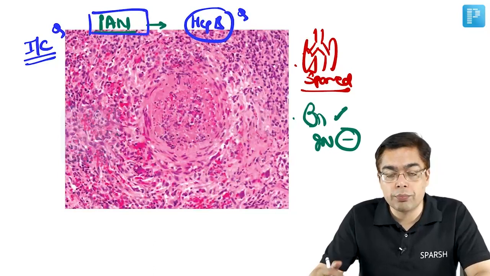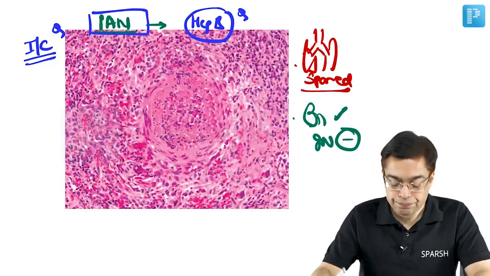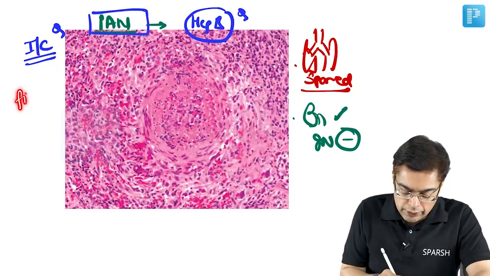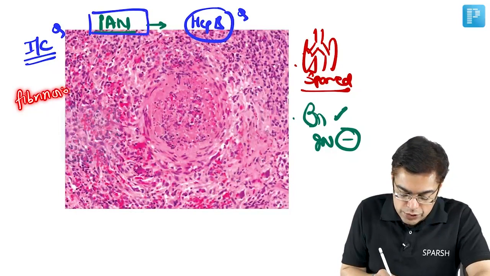Involvement of the neural tissue in polyarteritis nodosa has been associated with a manifestation which is termed mononeuritis multiplex. When we talk about this kind of condition, it is associated with the development of a typical pattern of necrosis that is going to be given the name of fibrinoid necrosis.